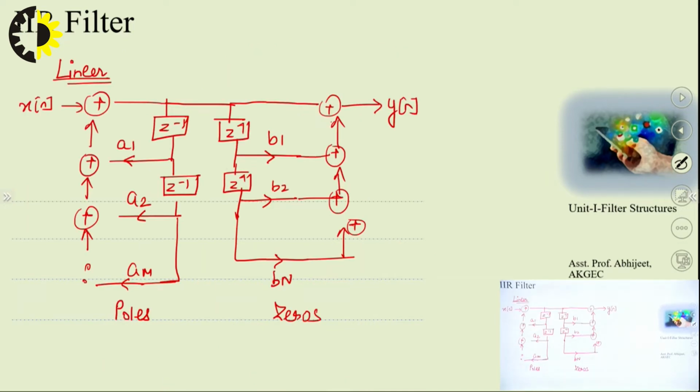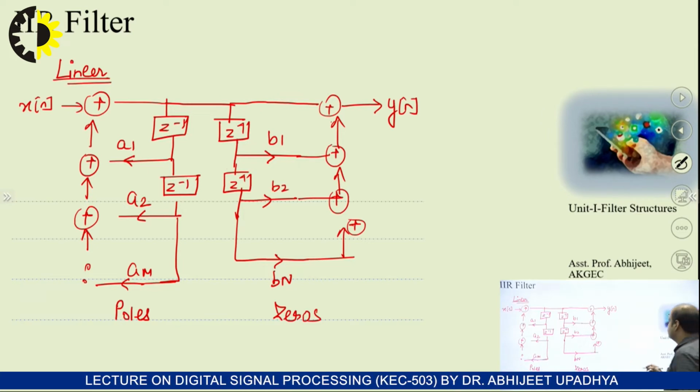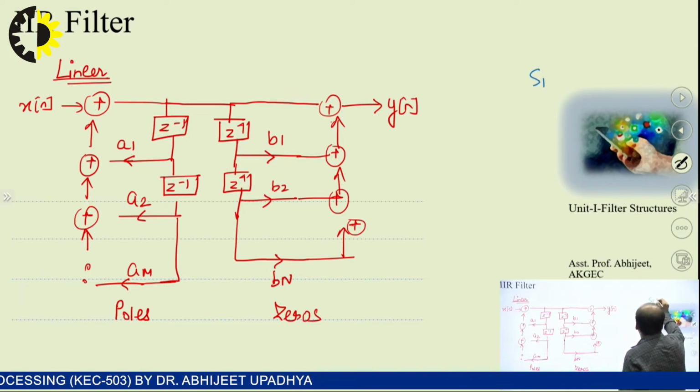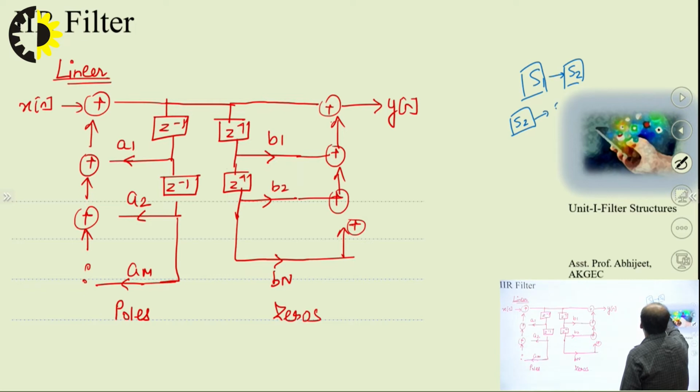The constant coefficient difference equations, which are used to represent discrete linear shift invariant systems, are linear in nature. They are linear time invariant systems. If it is a linear system, you can understand that if S1 is connected to S2, both systems being linear, we can also implement it with S2 connected to S1.